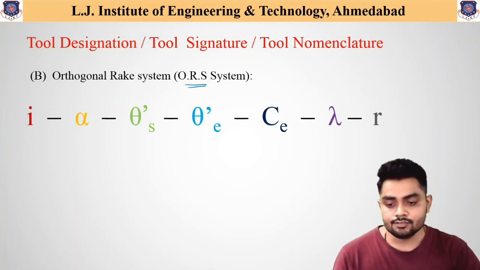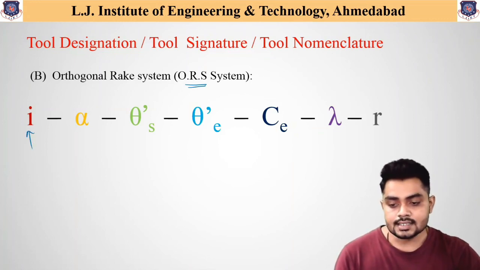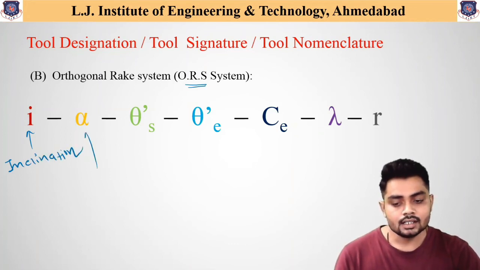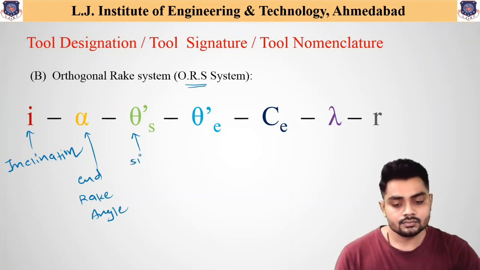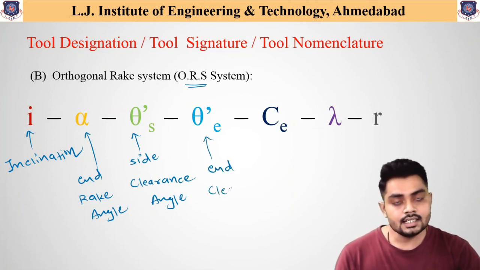Over here, the first, i, indicates the inclination angle, alpha indicates the end rake angle, theta S dash indicates the side clearance angle, and theta E dash indicates the end clearance angle.